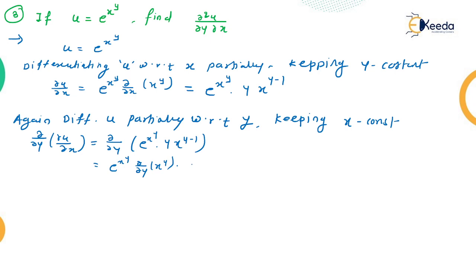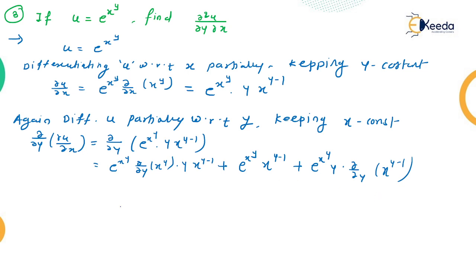So y into x raised to y minus 1 is a constant here, plus next, e to the power x raised to y into ∂ by ∂y of x raised to y minus 1, because x is treated as a constant.